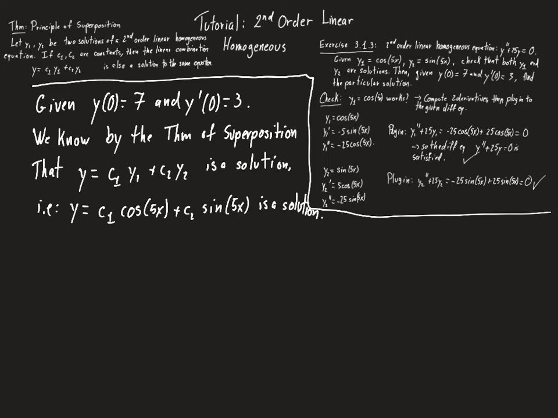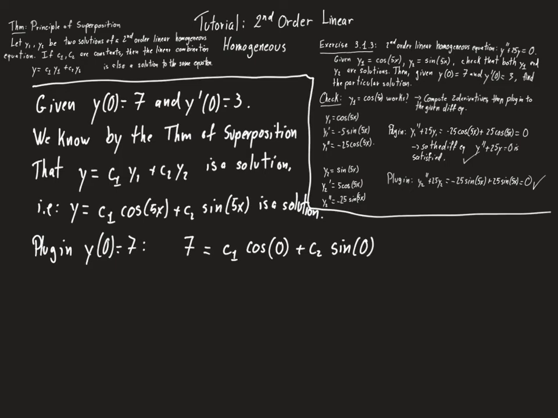So now what we need to do is basically exactly what you are used to when it comes to initial conditions like these. We are just going to plug in those initial conditions and see what we can solve for. So now we plug in y of 0 equals 7. We see that 7 on the left-hand side is equal to c1 times cosine of 0, because 5 times 0 is 0, plus c2 times sine of 0.